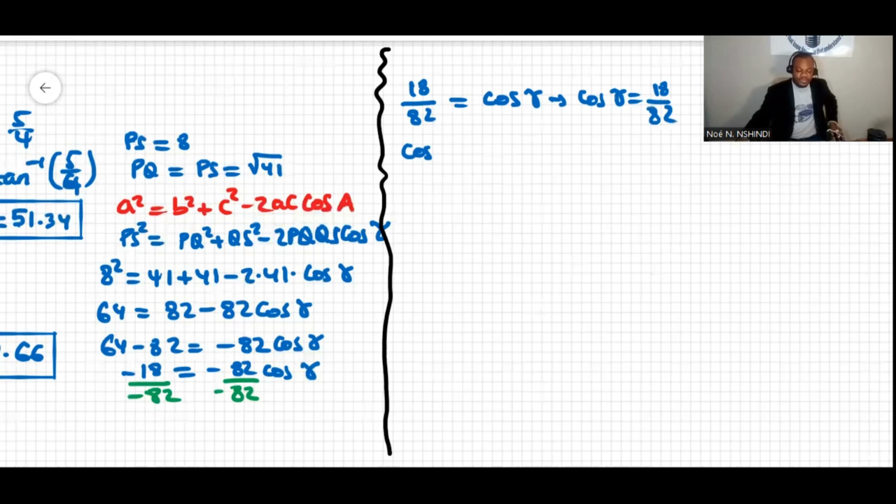Now, if I need to find gamma, then the angle gamma will be cos minus 1 of 18 over 82. Then we can use a calculator.